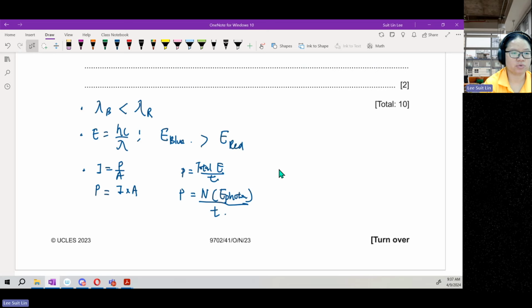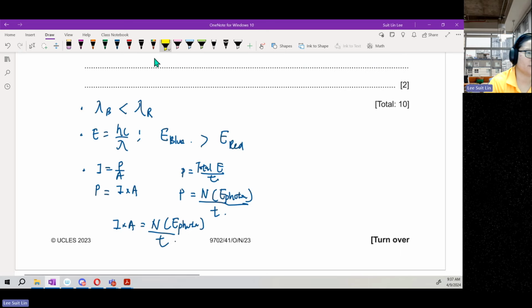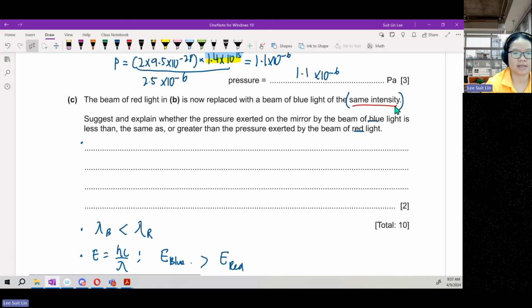I guess you can put it together if it's helpful for your brain, although it's not necessary. I times A is N, energy of photon over time. Okay. Area is constant. Intensity is kept constant. Same intensity.